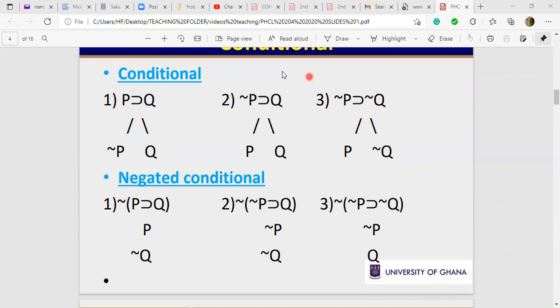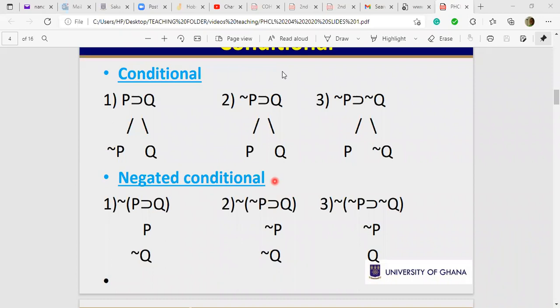If it rains, then the ground will be wet. Wherever the if is located, the statement coming next after it is the antecedent. So my dear sister who talked about antecedent earlier, we have now landed in the domain of antecedent and consequent. It is only conditional statements that have antecedent and consequent.